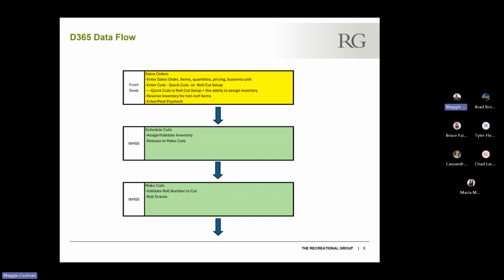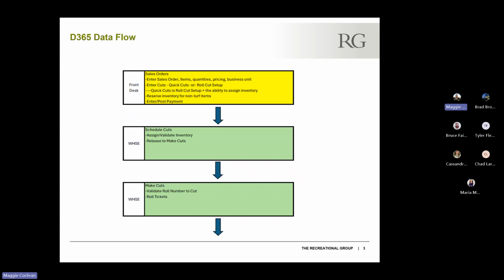But the basic gist of the sales order is you're going to enter the order. You're going to enter what items, the quantity, the pricing, and validate the business unit, because the business unit will automatically populate for you coming from the customer. When we pulled customers from QuickBooks, we were also able to tie what location they were coming out of.